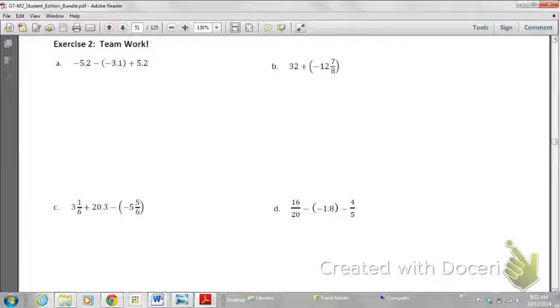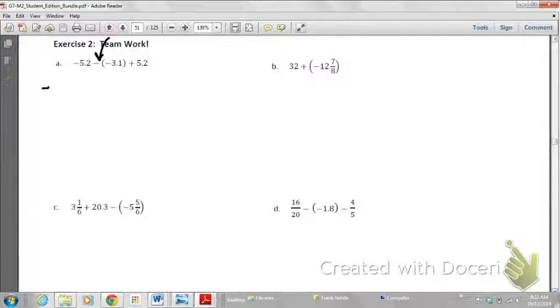What I'm going to do is do the first step for A, and then what I want you to do is pause, and then you come up with a second step. So what I want to do here is get rid of this minus thing right here. I'm going to take that off.